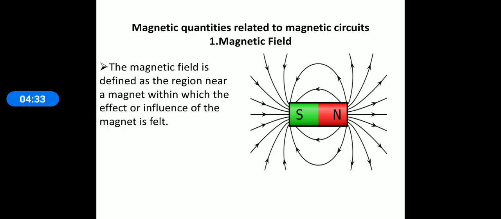Next, the magnetic field. The magnetic field is defined as the region near a magnet within which the effect or influence of the magnet is felt.